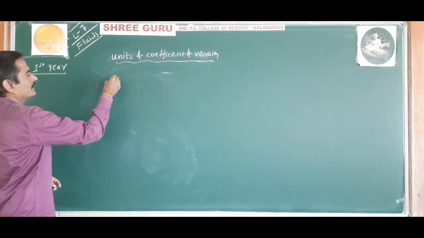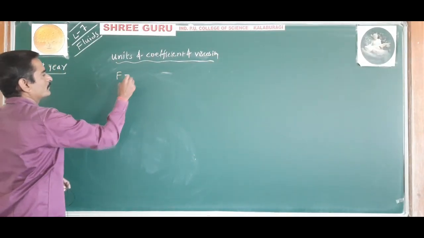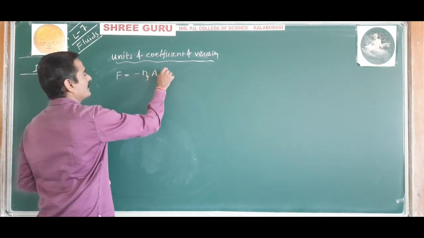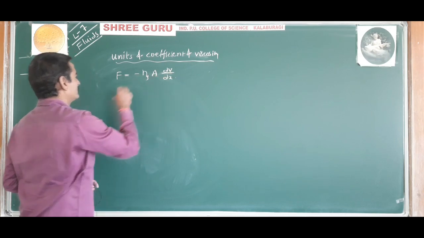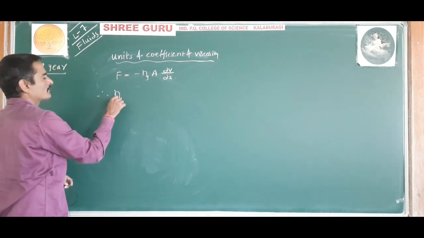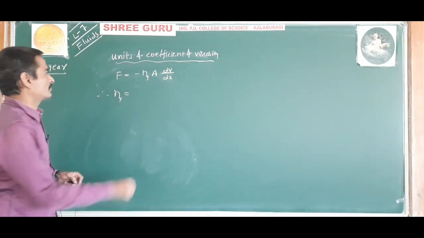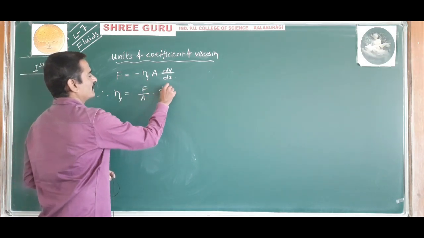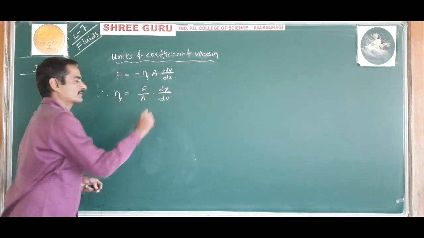So, according to Newton, the viscous force is given by F is equal to minus eta A dV by dx. Therefore, coefficient of viscosity eta is equal to F divided by A into dx by dv. This is the formula you can write.